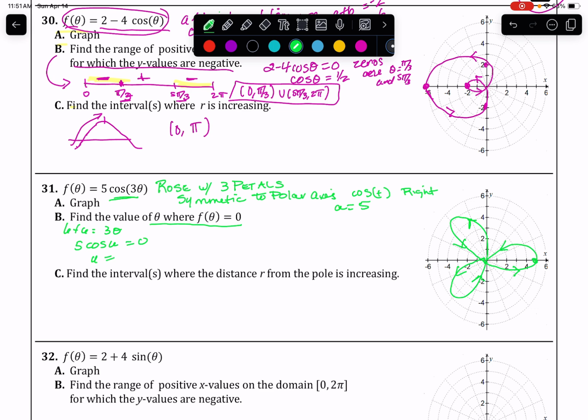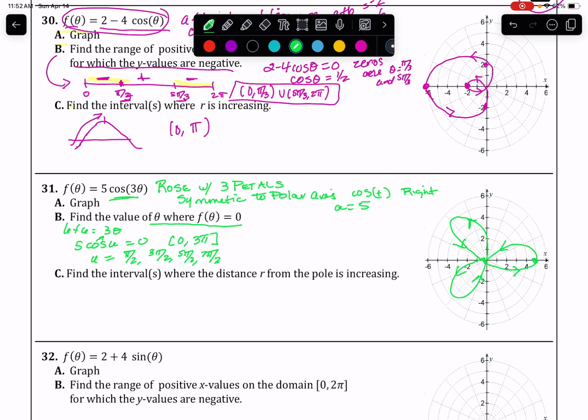So u would be, now we have to change it from 0 to pi to 0 to 3 pi now, because we're using the 3 theta as u. So u would be, going all the way around, cosine u would be pi over 2, 3 pi over 2, 5 pi over 2, and 7 pi over 2.